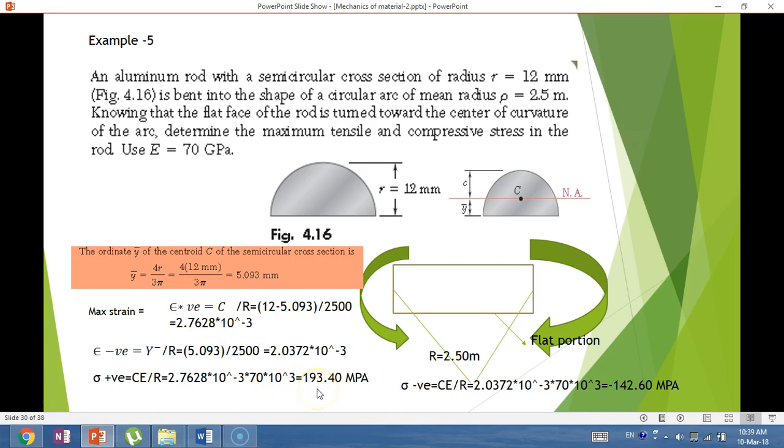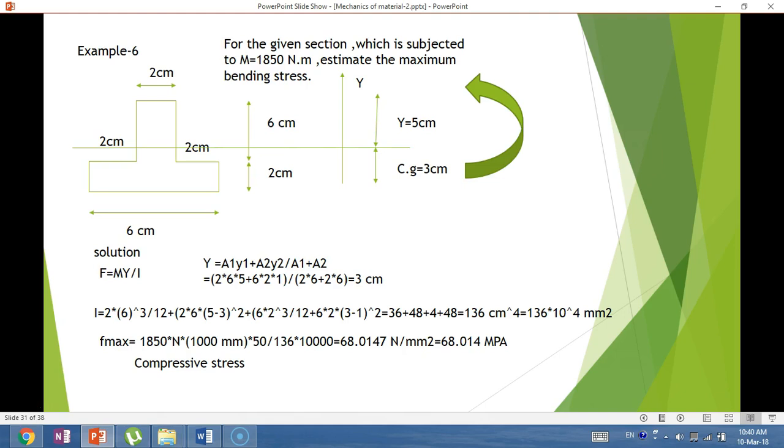We come to 193.40, and for the stress of the negative portion, the lower portion, we multiply the strain 2.0372 times 10 to the power of minus 3 by 70 gigapascal, we get 142.6. This negative sign indicates that this is compressive, while the upper portion is positive.